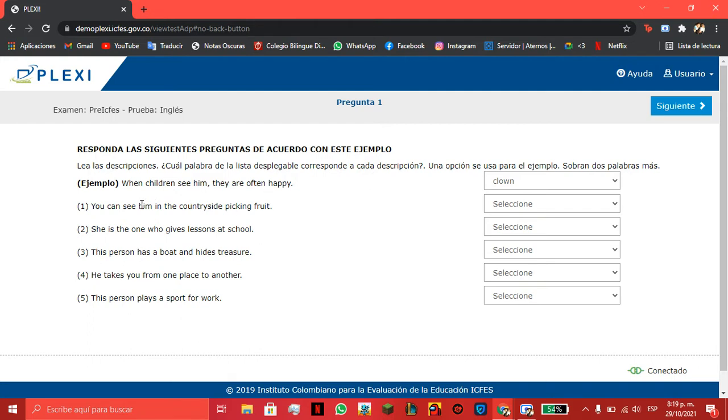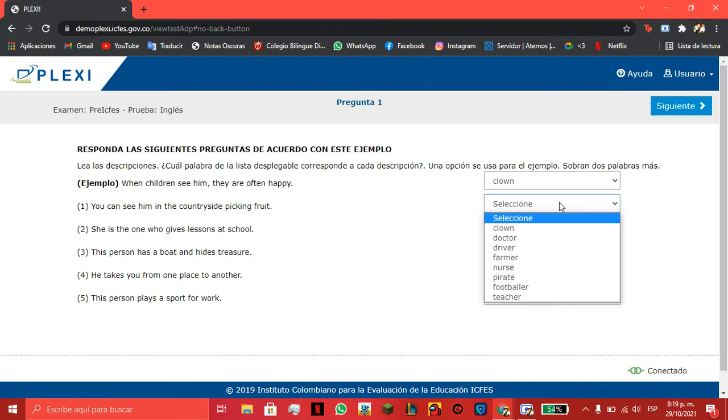So, as we read this word him, we can infer that we are talking about a man. So, we can have options like doctor, driver, farmer, nurse, pirate, footballer, teacher.